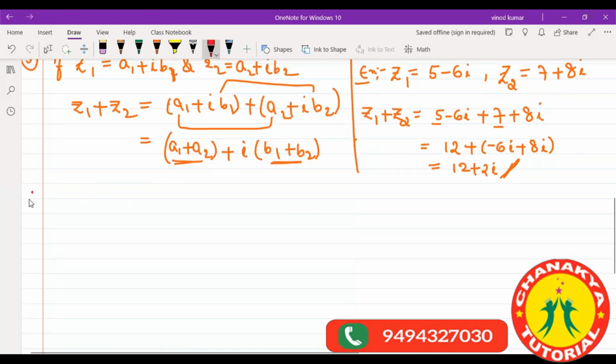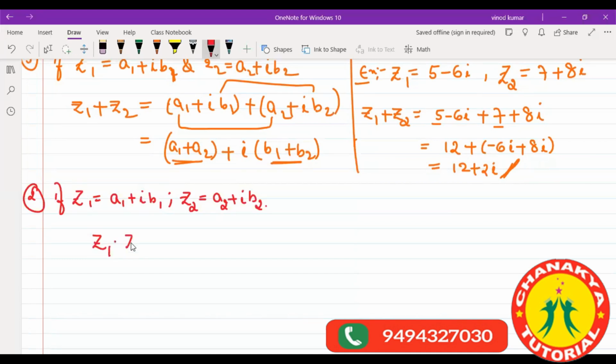Next, if z1 equals a1 plus ib1 and z2 equals a2 plus ib2, then we multiply these two, z1 into z2.